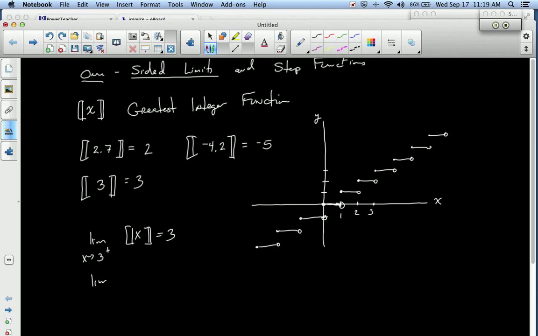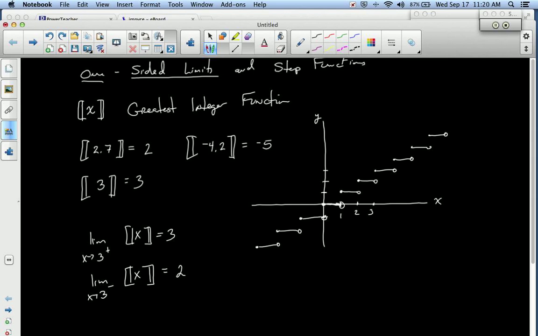But as I approach 3 from the left-hand side, so I'm coming from the left towards 3, I have a value of 2. Because when I'm approaching 3 from the left, I'm talking about numbers smaller than 3. So the greatest integer less than or equal to numbers between 2 and 3 is 2. But the greatest integer less than or equal to numbers between 3 and 4 is 3.